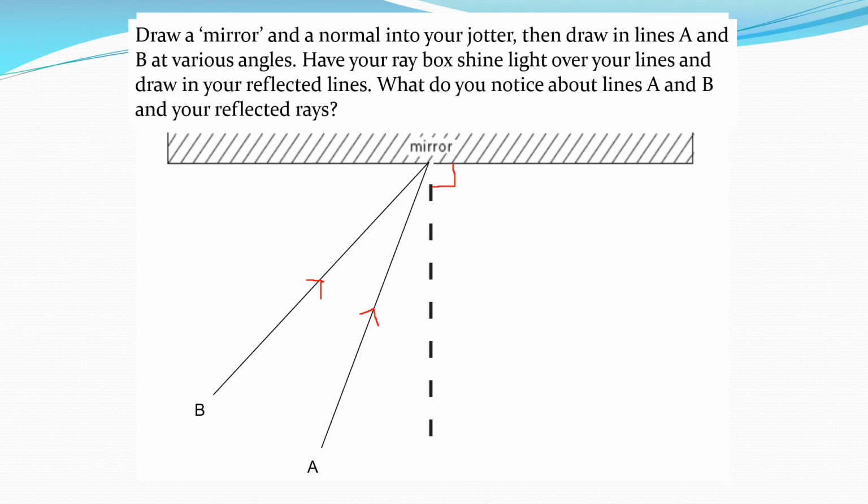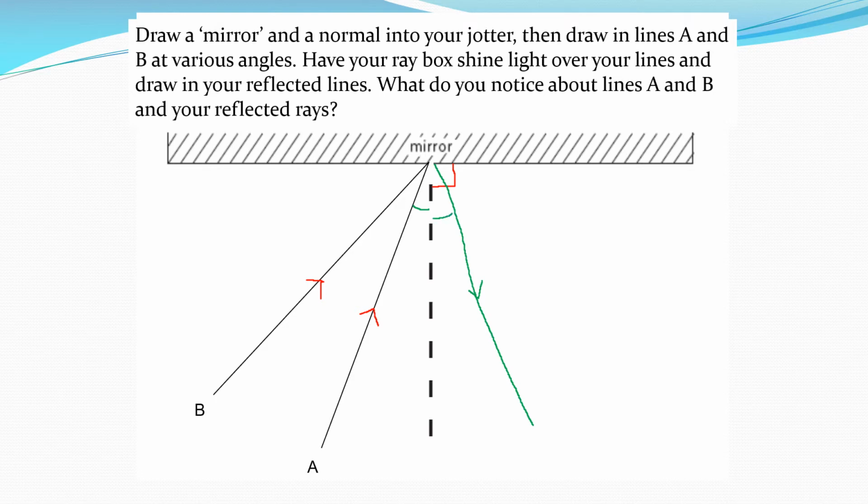You can probably imagine what's going to happen next. I'm going to try and draw it. It's not going to be a very straight line, but what would happen is the light bounces back. Pretend it's a straighter line than that. Okay, and the amount it bounces back matches when it went in. So this angle here, measured from the normal to the ray of light, equals the angle it bounces back at.